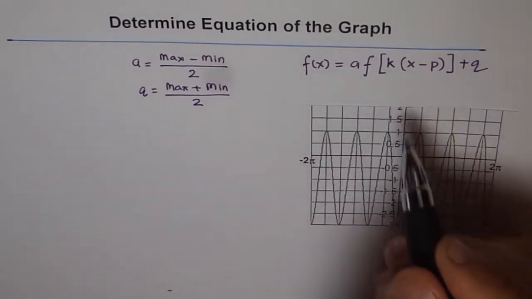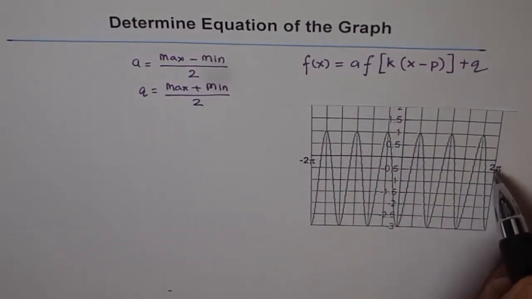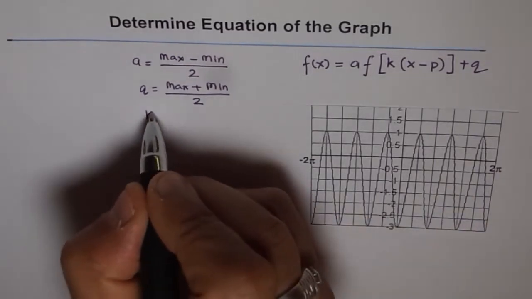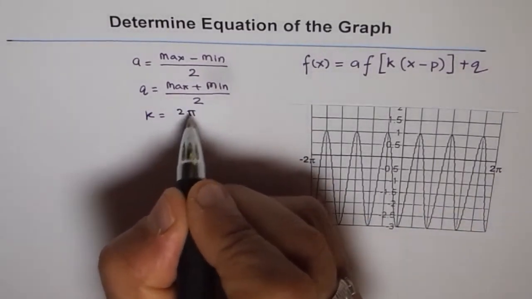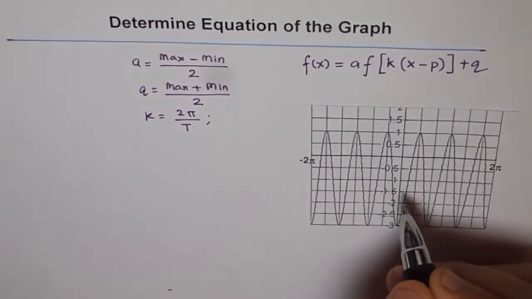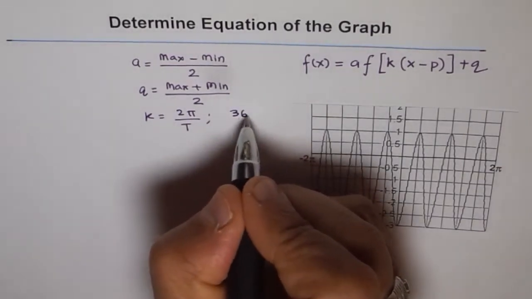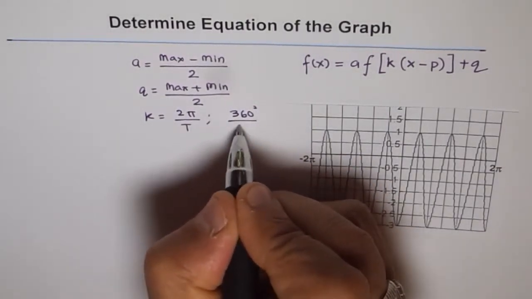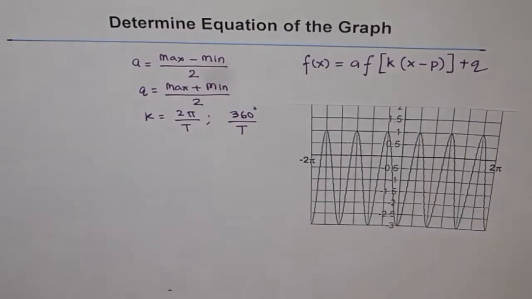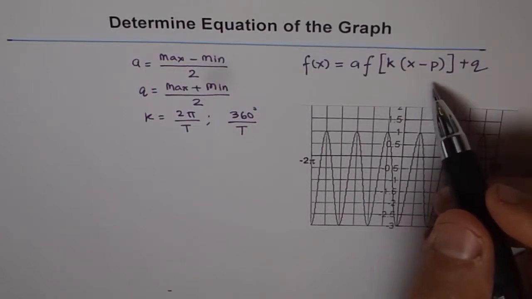And how about K? K tells us the number of waves in 2 pi. So K is equal to 2 pi divided by the time period T. If you are doing it in degrees, this is in radians, then you could use 360 degrees divided by T. So both will give you the value of K. And P is the phase shift, so we need to check the starting point.